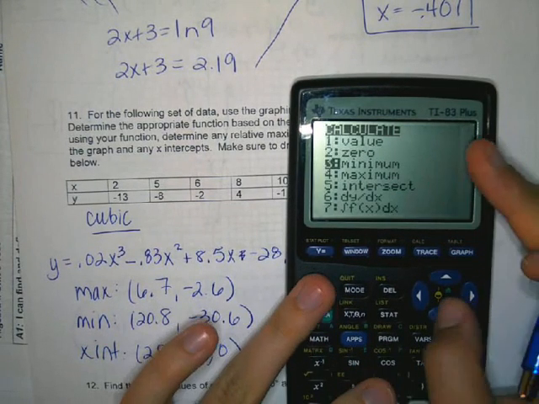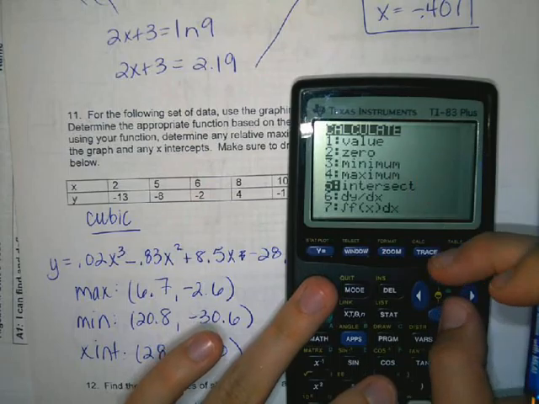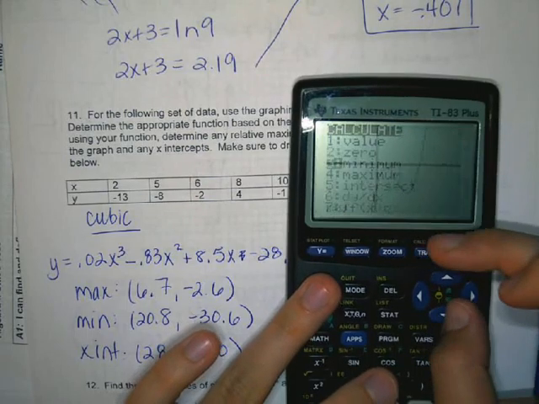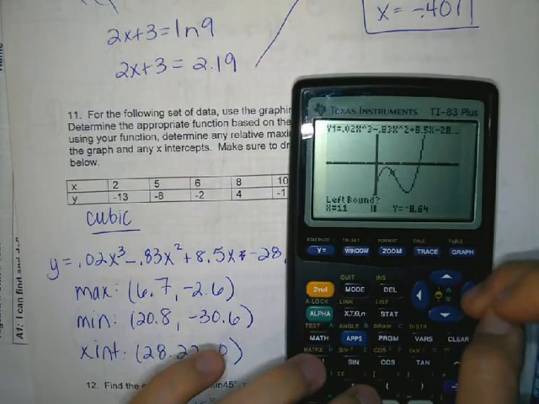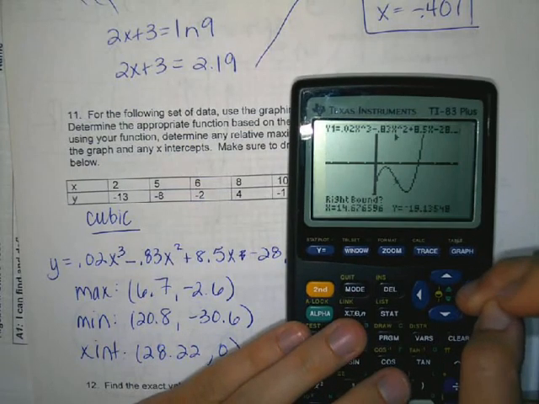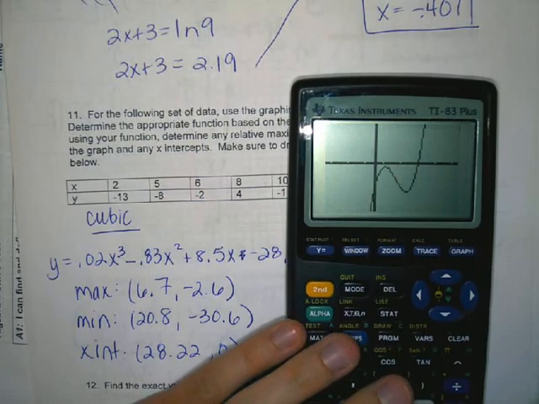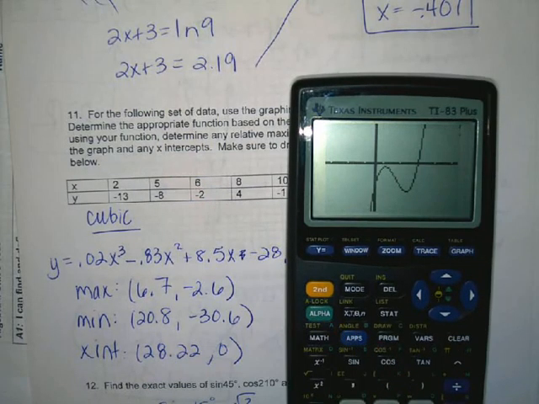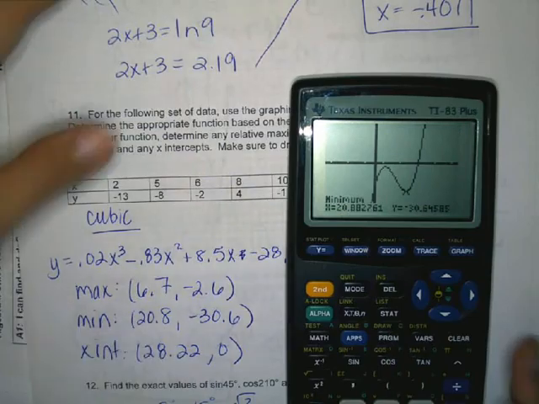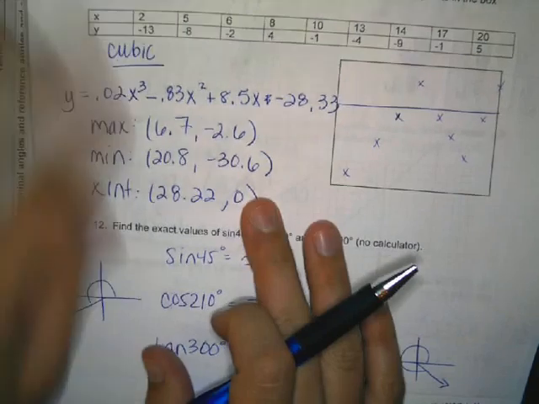So there's min, max, and x-intercepts is the zero feature. If we were to find the minimum, it asks me for a left bound, right bound, and guess, and then that will give me the minimum point. If you find the max, min, and x-intercepts, those should be the values that you get.